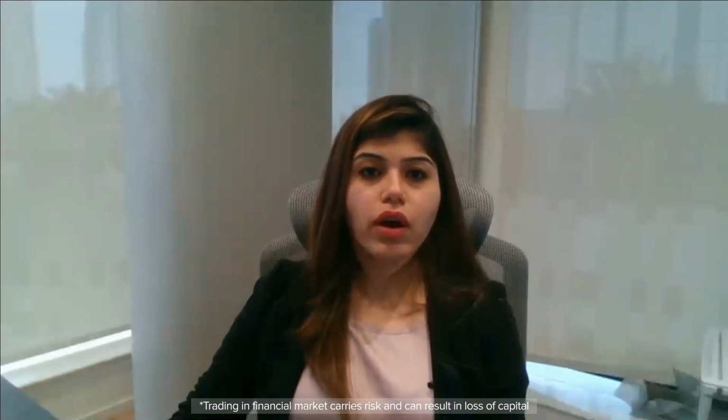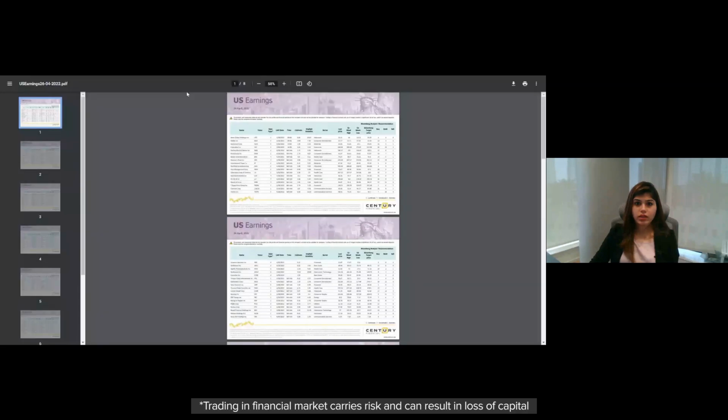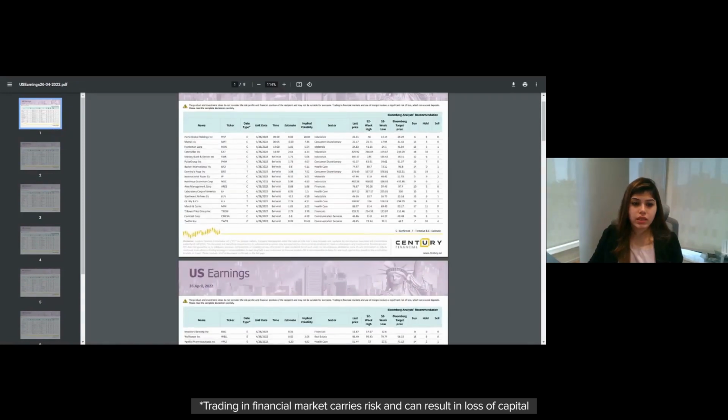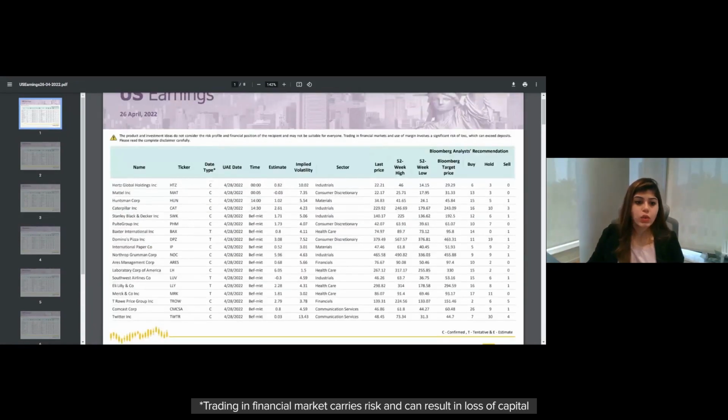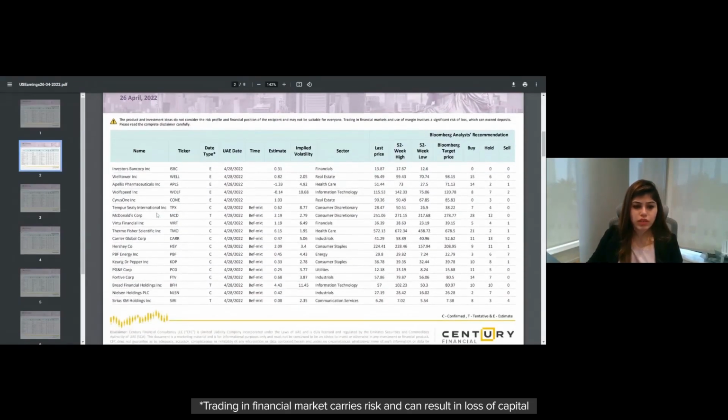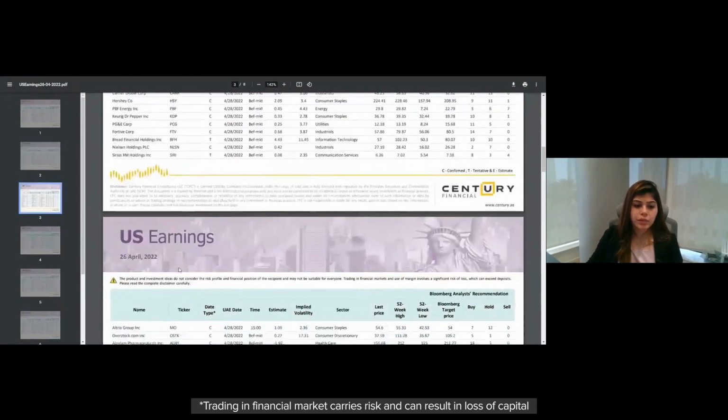Right. So I'm hoping you can see my screen. Now, when it comes to the earnings calendar, I'll just zoom in a bit. When we look at the earnings calendar, we can see there are multiple companies reporting their earnings in the coming week.